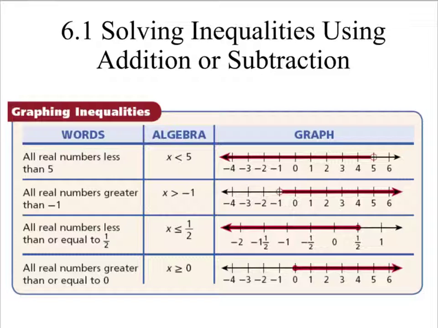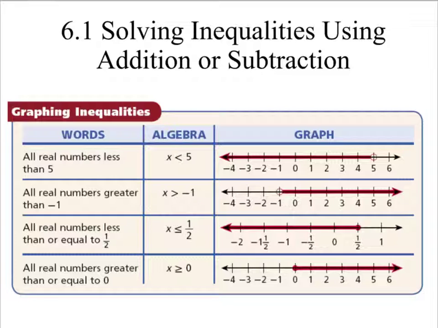You do not have to write this down. We're going to write down another slide. I do want to talk about this, though, because this is very, very important when we start graphing things. If you look at this graph, we know that x is less than 5.